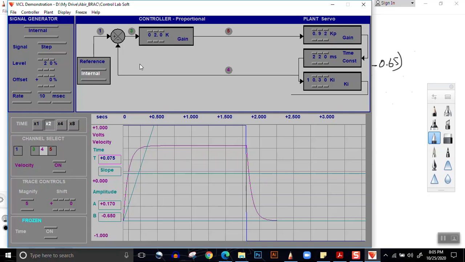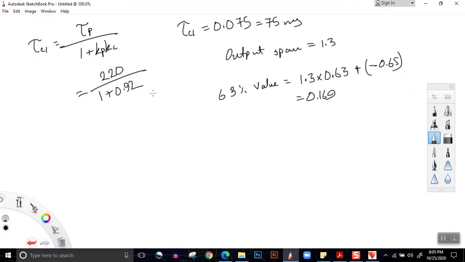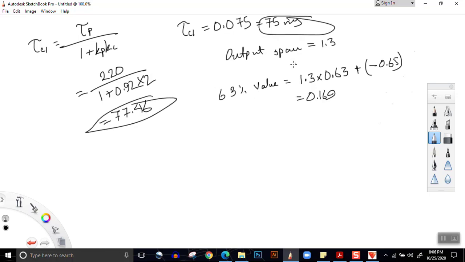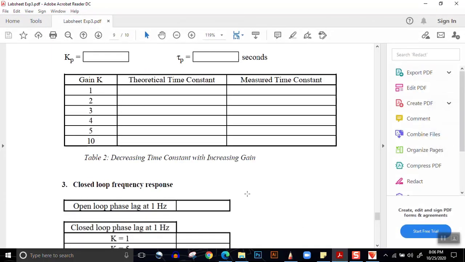The value of Kc is 2. So we'll have 0.92 into 2. So 220 divided by 1 plus 2 into 0.92, we get 77.46. So this theoretical value and this practical value are almost equal. So we have found this to be equal for gain equal to 2.